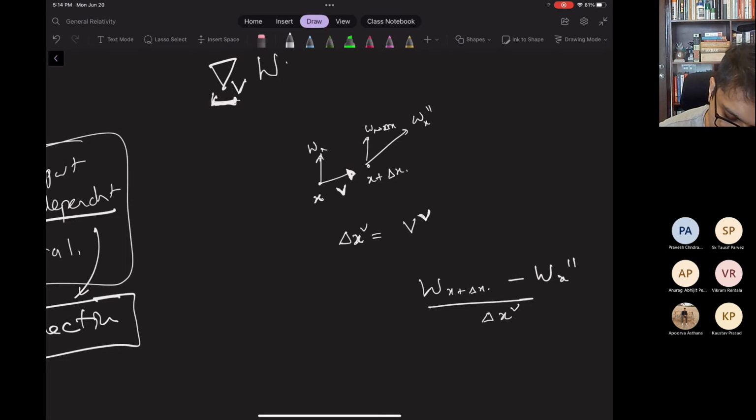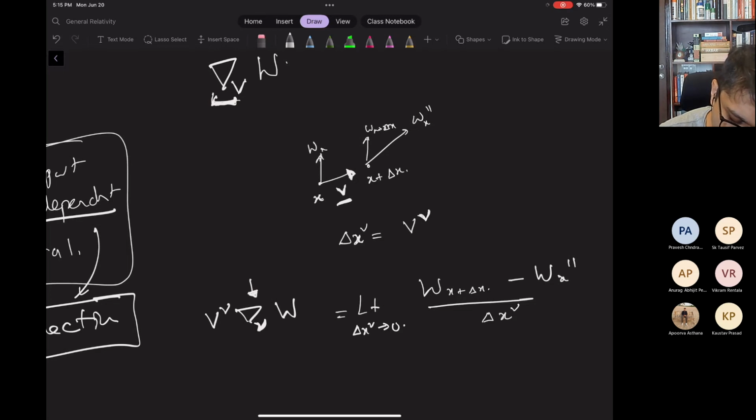Yeah, so this we define to be the derivative along the nu direction of W. And if you have a vector field V, then we just demand linearity of this derivative.